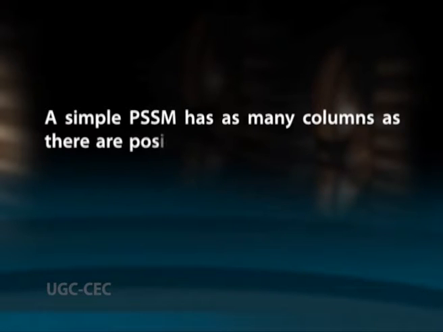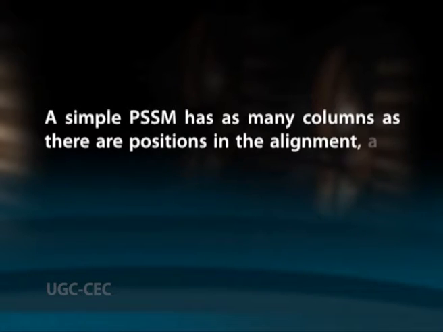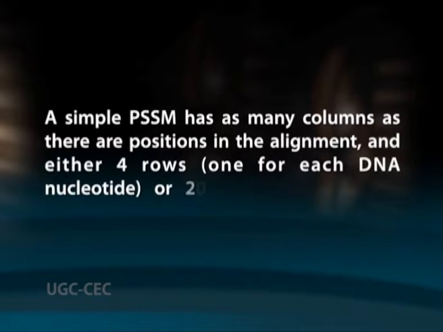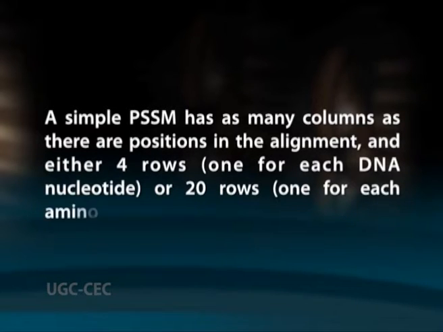The position weight matrix was introduced by American geneticist Gary Stormo and colleagues in 1982. Unlike deterministic patterns, profiles assign a score to a query sequence and are widely used for database searching. A simple PSSM has as many columns as there are positions in the alignment, and either 4 rows, one for each DNA nucleotide, or 20 rows, one for each amino acid.